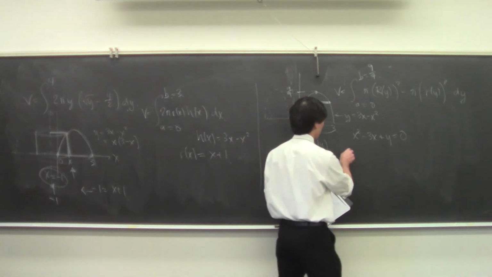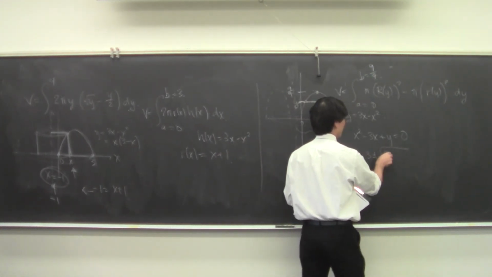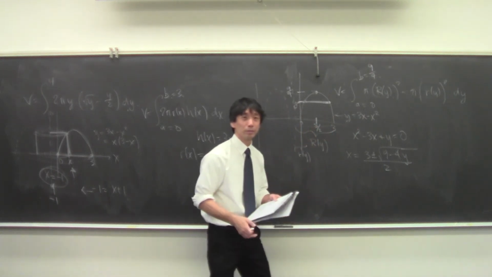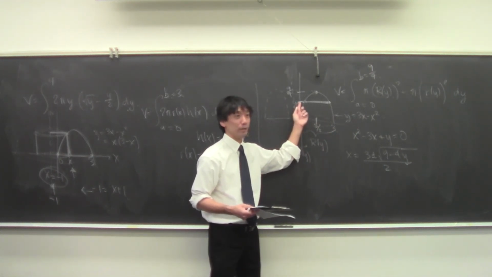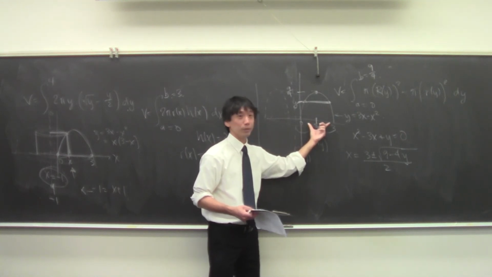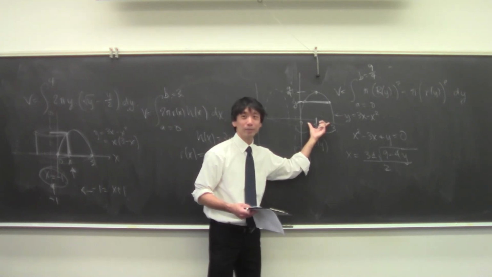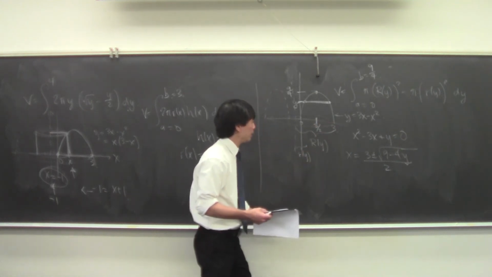So you know that x is going to be 3 plus or minus the square root of 9 minus 4y, everything over 2. If your y is this, then those are your x values. Yes? Okay.